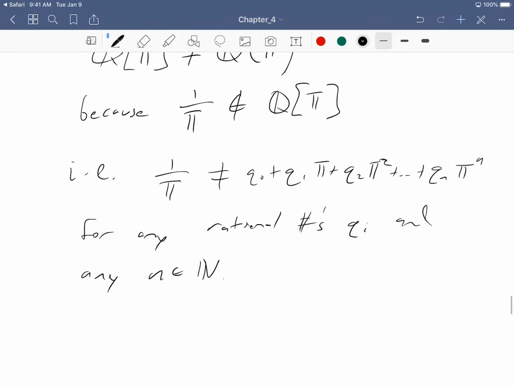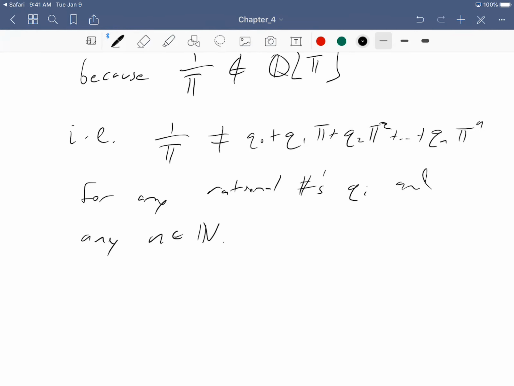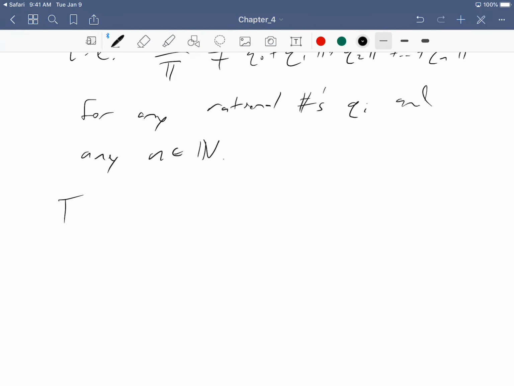So 1 over pi cannot be written in this way. Pi is special. You know it's irrational, but root 2 is also irrational. Pi is different from root 2 because pi is something called transcendental.